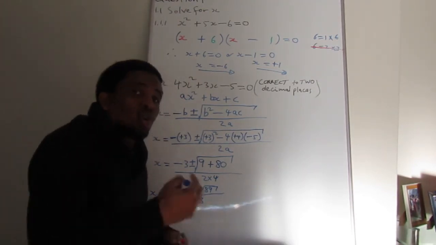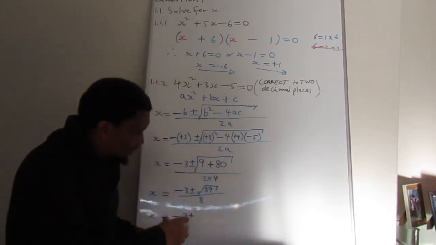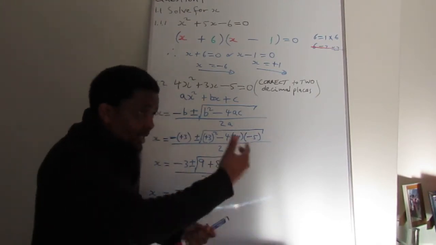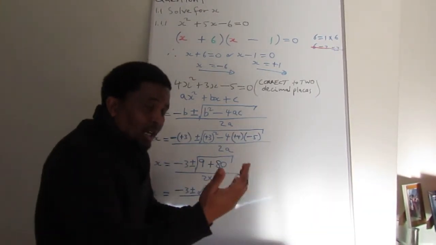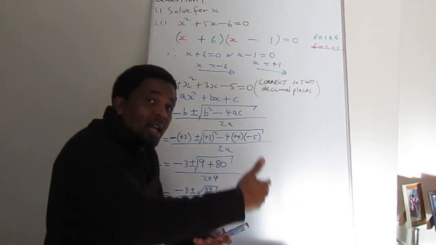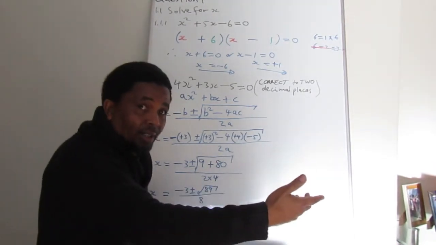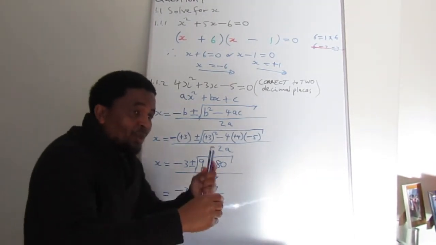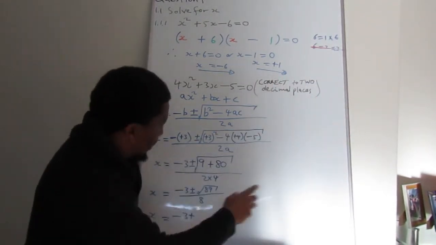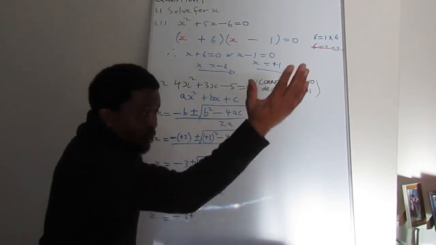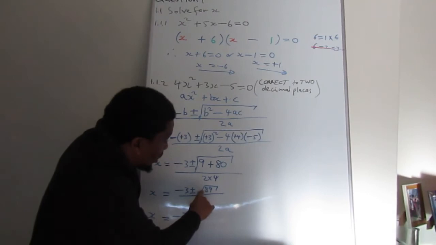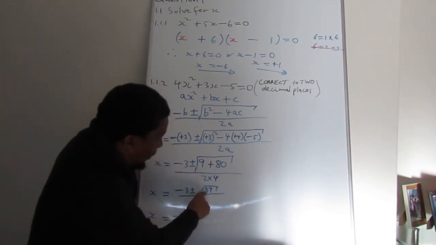So x is equal to minus 3 plus the square root of 89. If I look at 8 times 8, that gives me 64, and 9 times 9 gives me 81. So automatically I can tell that the value has to be greater than 9. Between 9 and 10, 9 times 9 is 81 and 10 times 10 is 100, but this one is closer to 90.